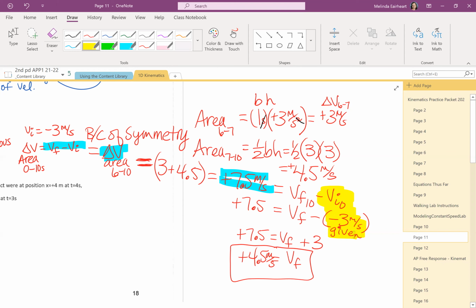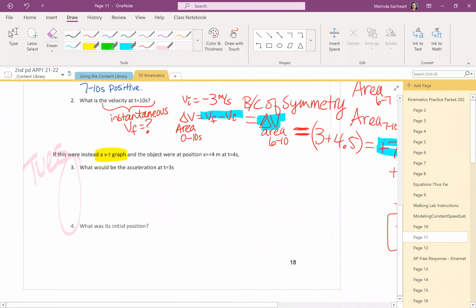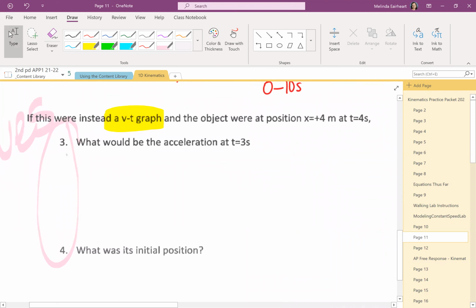Okay. So here in a second, we're going to switch to questions 3 and 4. And what's different about those, and hopefully it goes quicker. Students are usually more comfortable with position and velocity graphs than they are with acceleration. But now the graph is a velocity-time graph. So let's recap. What do we remember about velocity-time graphs?